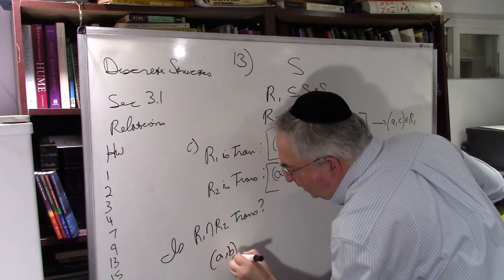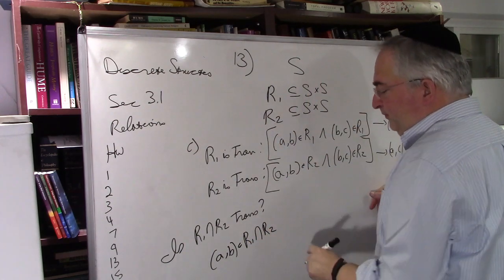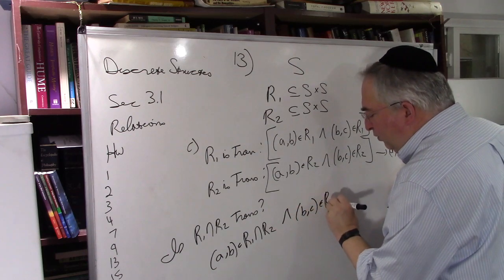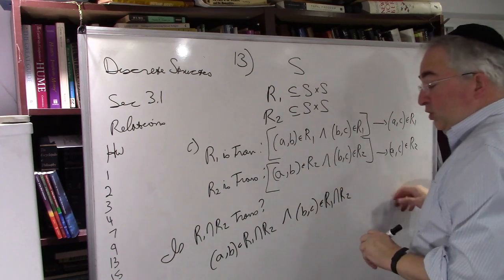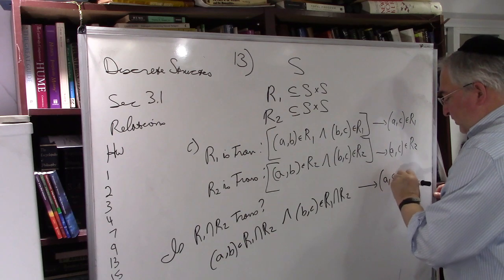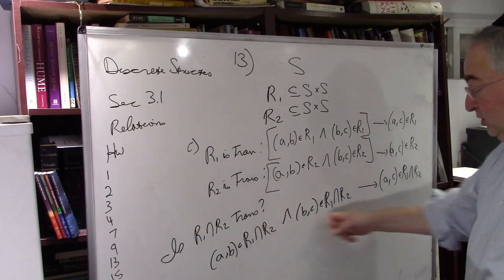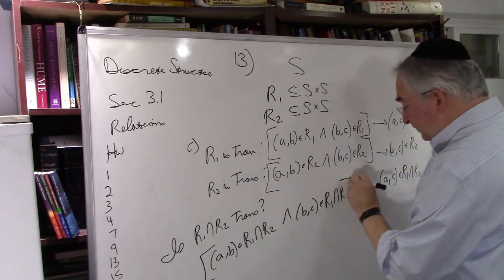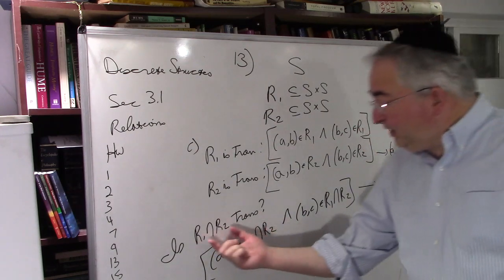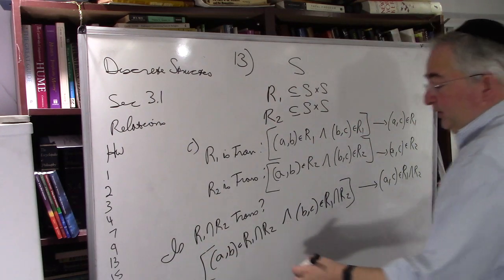If A comma B is a member of R1 intersect R2, which means it's in both of them, and B comma C is a member of R1 intersect R2, does that imply that A comma C is a member of R1 intersect R2? That's what being transitive means. If A comma B is in both of them and B comma C is in both of them, does that mean A comma C is in both of them? And the answer is absolutely yes.